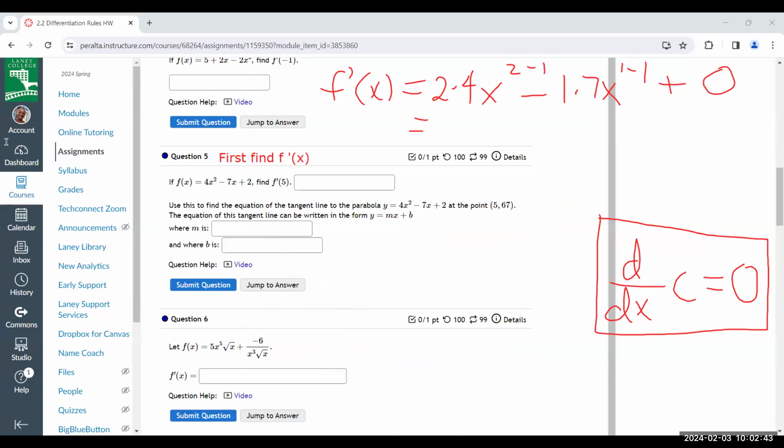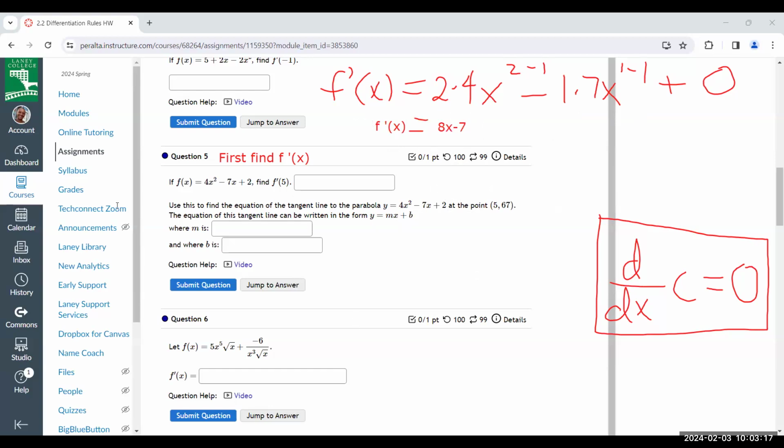Here, I'm going to type this. 2 times 4 is 8. x to the first power, which if you have first power, you don't have to write it, right? And then minus 7, because x to the power of 0 is just 1, and then plus 0. We don't have to add the plus 0. So this right here, what I just typed, that 8x minus 7, this represents my derivative. f prime of x is equal to 8x minus 7.